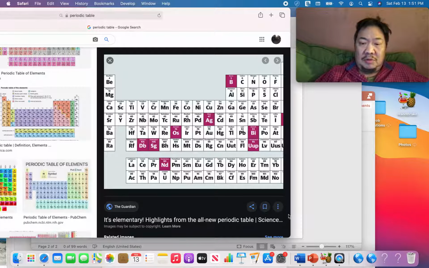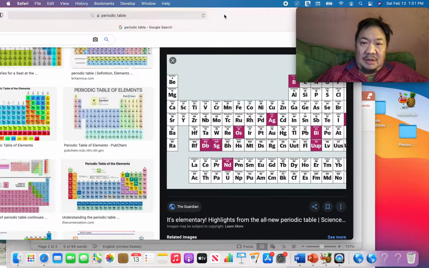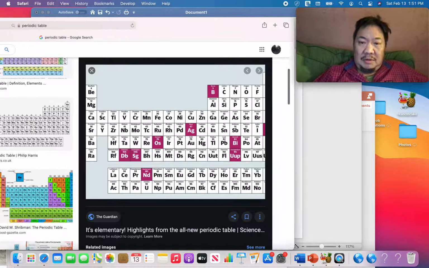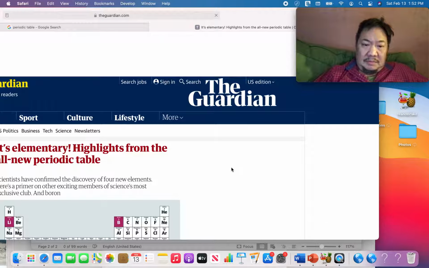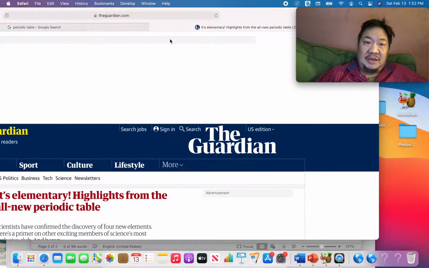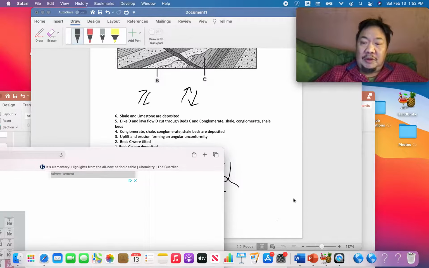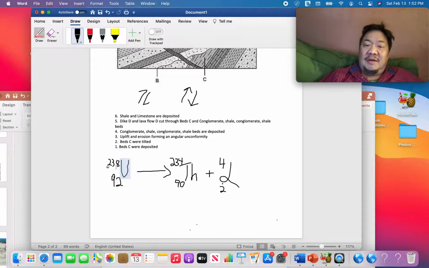Do you know? Well, let's take a look here. The element that has an atomic number of 2 is this one here, helium, He. So in effect, an alpha particle is a helium atom with an atomic mass of 4 and an atomic number of 2.